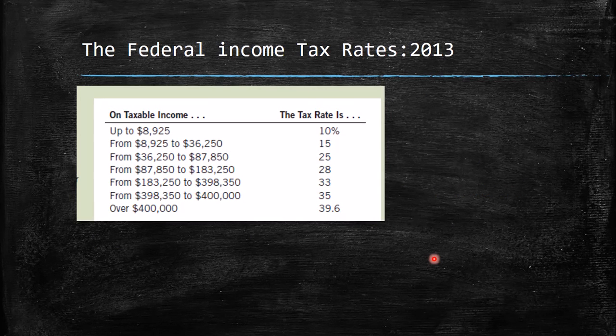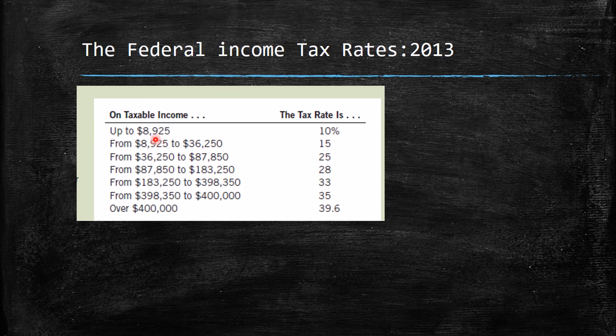And here, it's important to understand that in the United States taxes work with a marginal rate. What does it mean? Basically, if your income doesn't go above this value, 8,925, all of it is going to be taxable income at a rate of 10%.